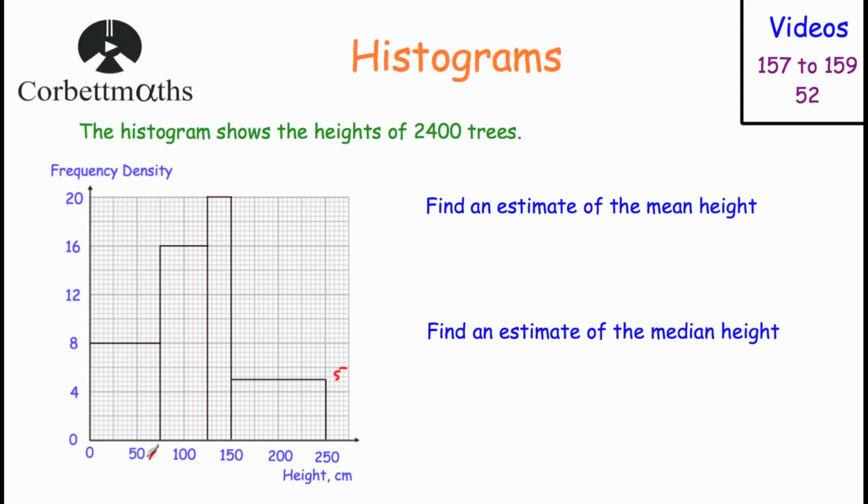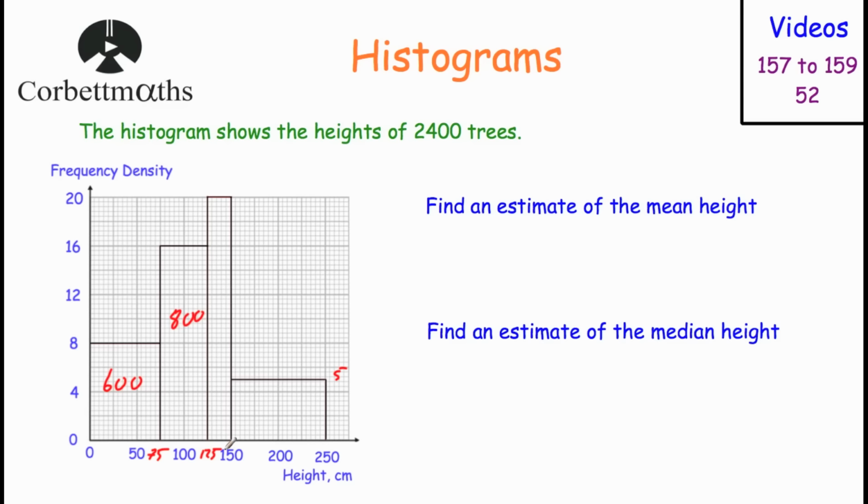So we've got here this bar 75, this bar would be 125. Okay, so for the frequency for this bar from 0 to 75, I would do the frequency density 8 times the class width, which is 75. So it has a frequency of 600. Next, from 75 up to 125, it's got a class width of 50 times 16 is 800.